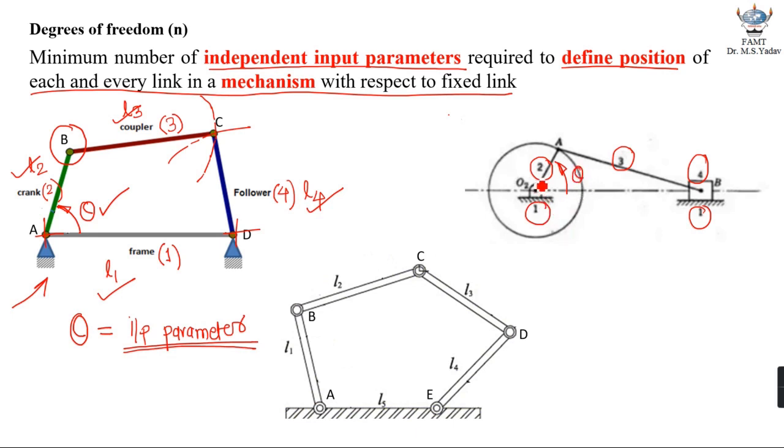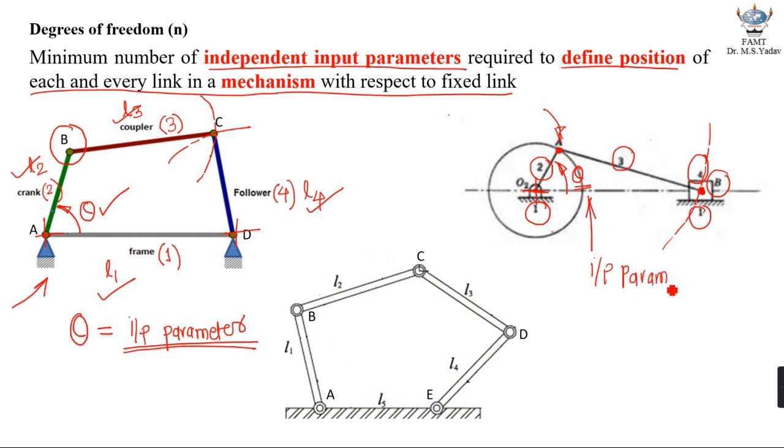So by knowing position of O2 and this angle theta, it is possible for me to locate this point A, and then simply knowing distance AB, I can draw this particular arc, and it is easy for me to locate this particular point B. So apart from the length of the link, I am in need of this input parameter.